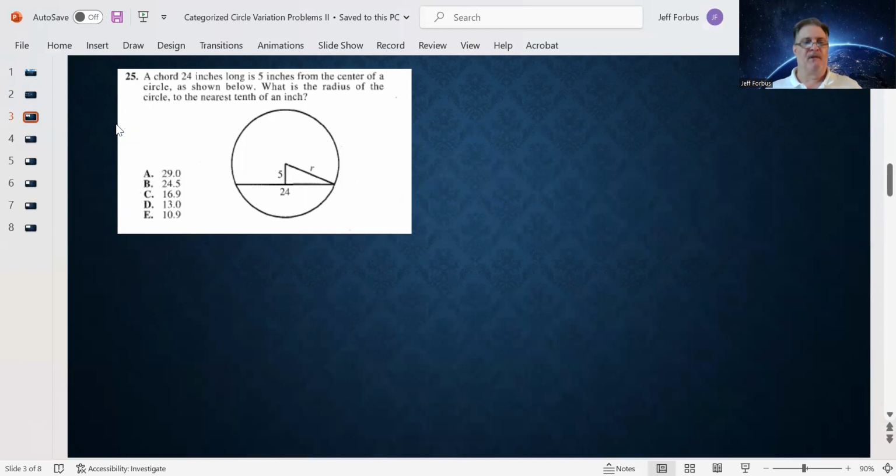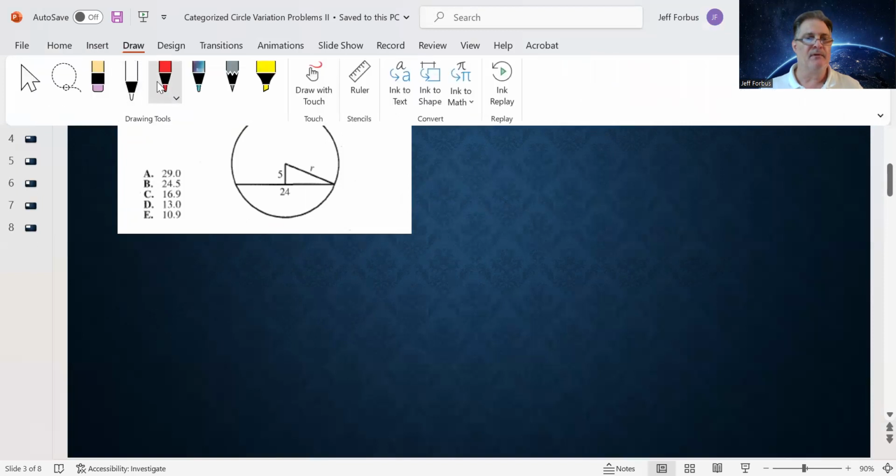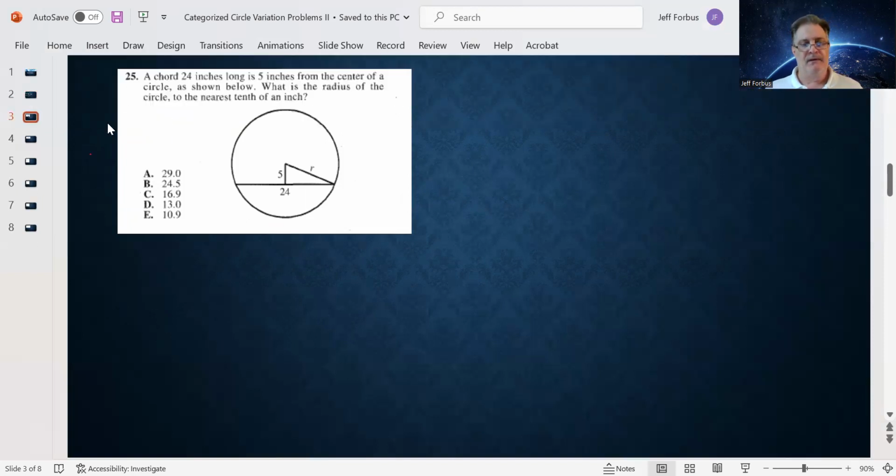Well, let me change my color of my pen tip. And if this is the center of the circle, coming straight down splits 24 in half. So therefore, this side of the triangle is 12, and from the triangle leftward is 12. So now we've got some information that will help us get the radius of the circle.